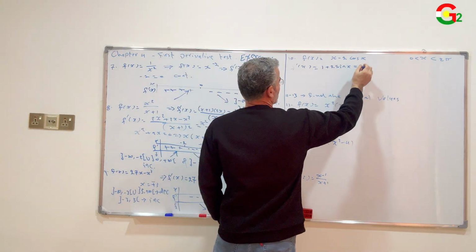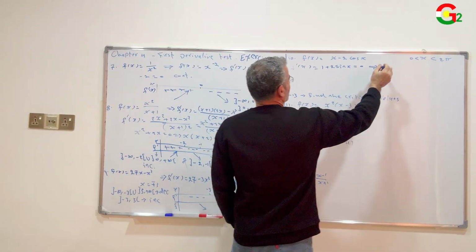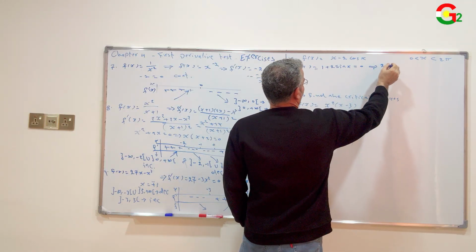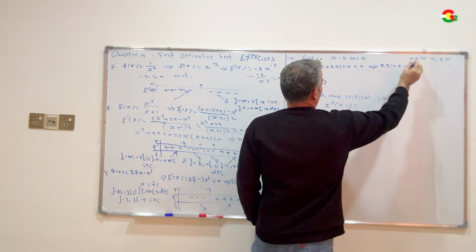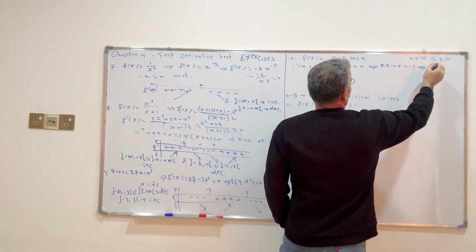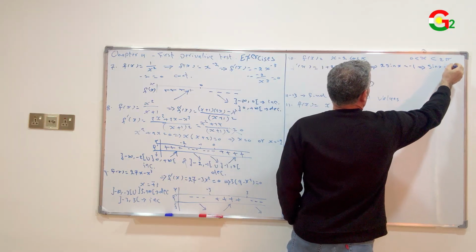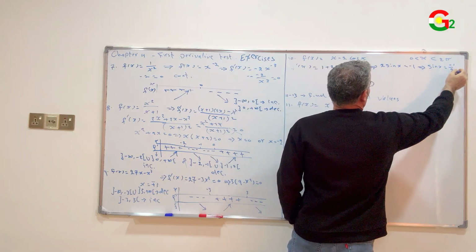Set it equal to 0, so 2 sine x equals negative 1 and sine x equals negative 1 over 2.